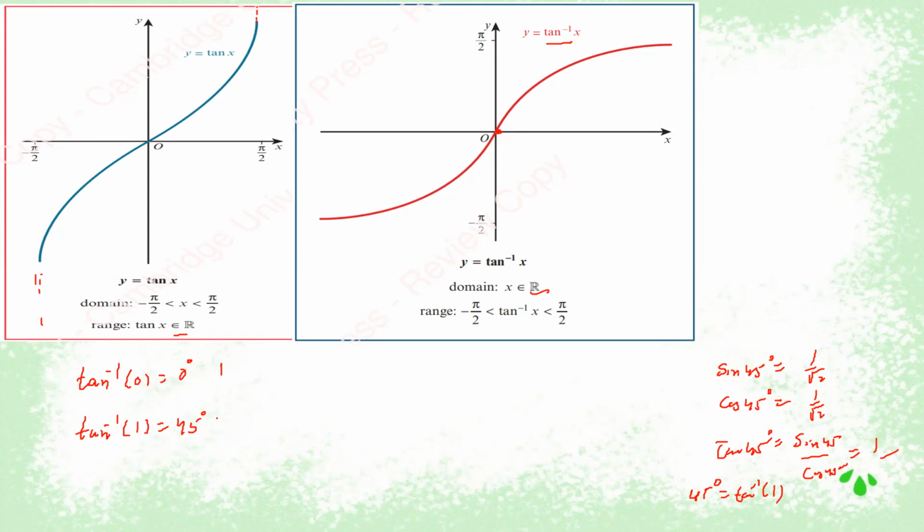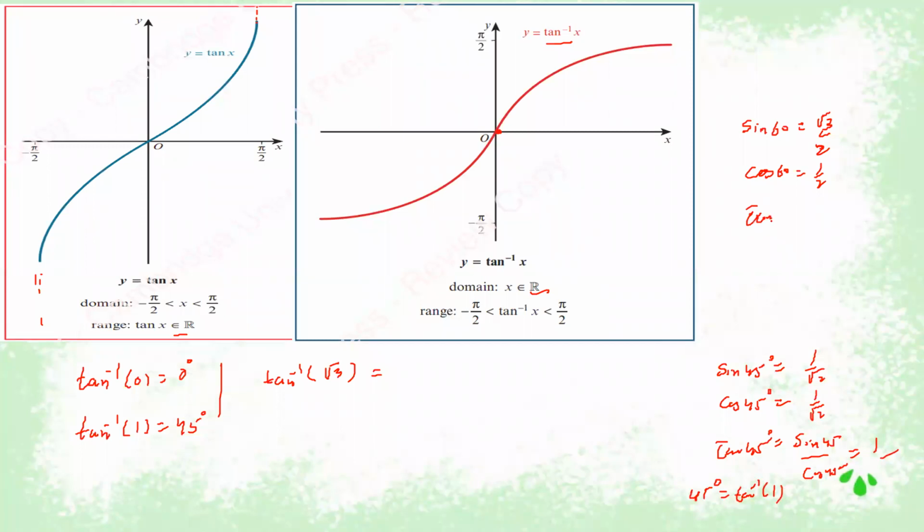If we write a few more answers, let's suppose tan inverse square root of 3 is equal to what? If you check sine 60, that gives me square root of 3 over 2 from the triangle concept, okay? And cos 60 gives me 1 over 2.